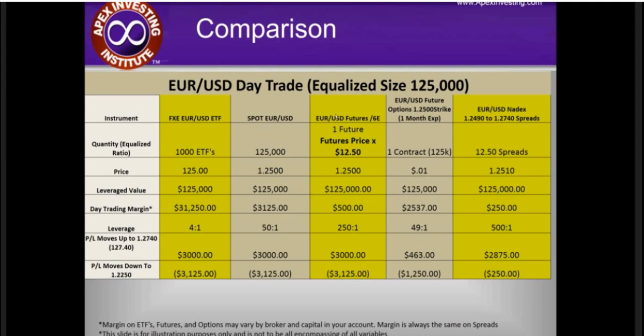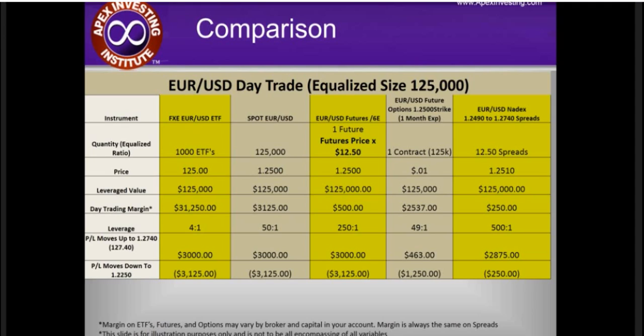So we're looking at literally doing the same trade against an ETF, spot FX, Eurodollar futures, future options, and Eurodollar Nadex spreads. And I want you to see this: more leverage, 500 to 1, defined risk, $250. So that's on the exact same move, putting everything on the same level.